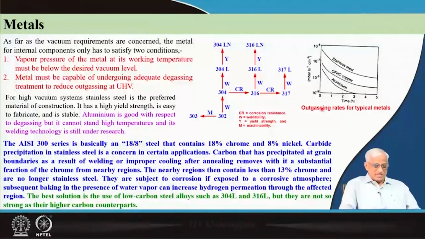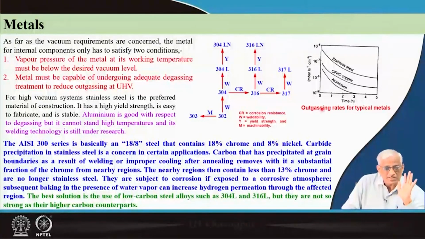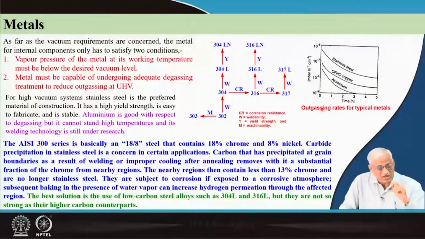We will start from metals. As far as the vacuum is concerned, earlier I have seen several properties, but from the vacuum point of view, the materials have to satisfy some additional criteria. What are those?